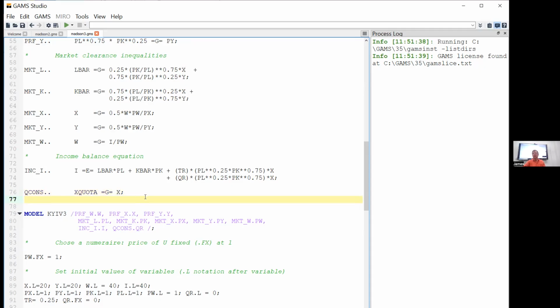So there's a restriction out there. Think of all the things we used to have in agriculture where farmers or intermediaries were given maximum quantity restrictions in order to keep prices high. So again, Q quota is a parameter, and it says the actual level of X produced cannot exceed that level.